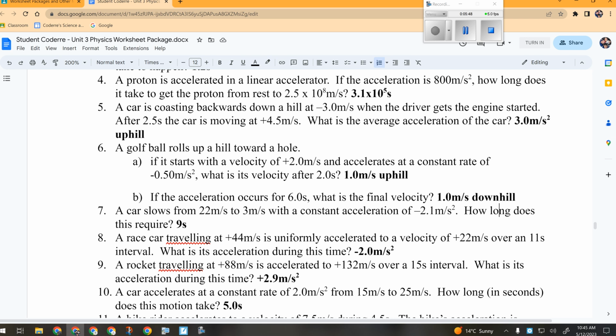Let's say 5, 6, and 9 right now. Now in 5 and 6, vectors are important.